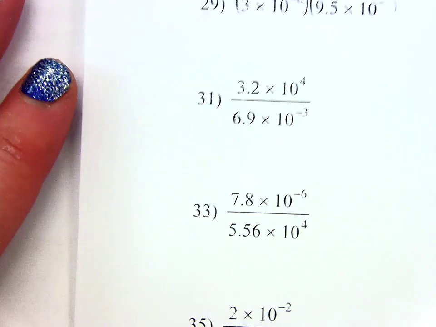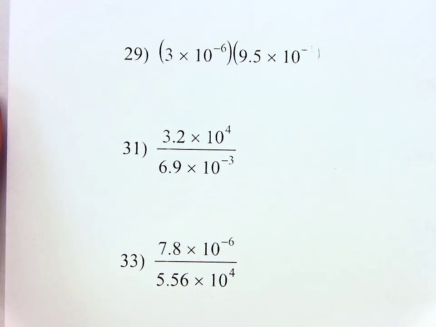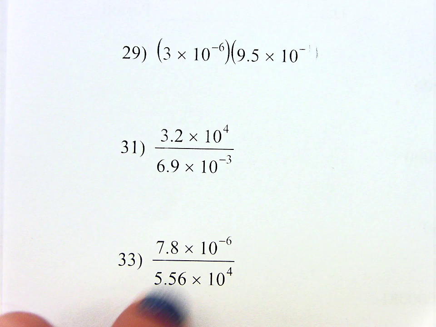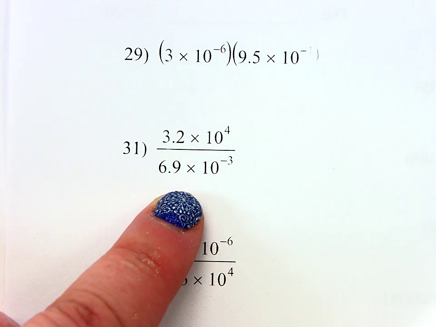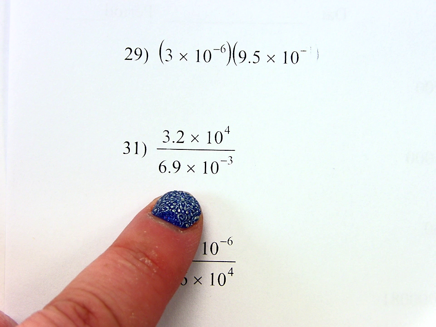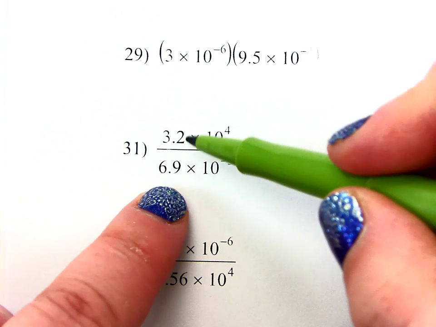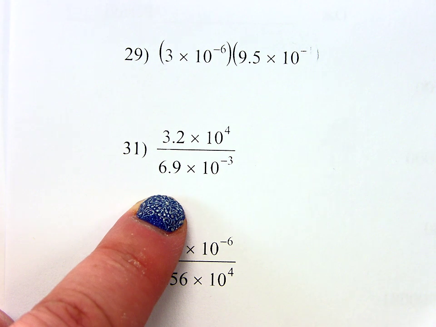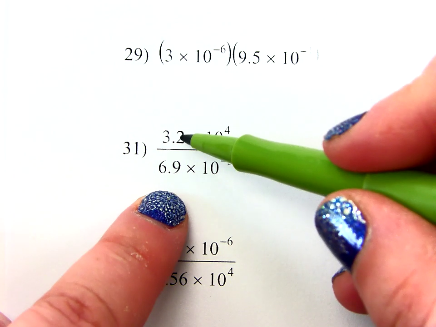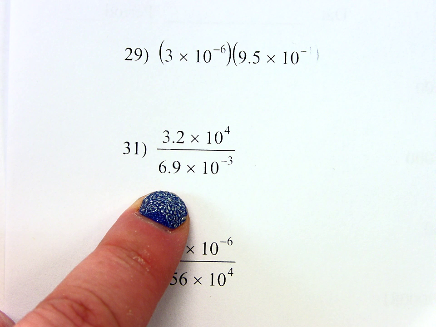Let's just do 31. This one, I'm just dividing two numbers in scientific notation. So my steps are almost exactly the same. I'm going to take the first two numbers, but instead of multiplying them, I divide them because this is a division problem. So I'm going to divide 3.2 by 6.9.